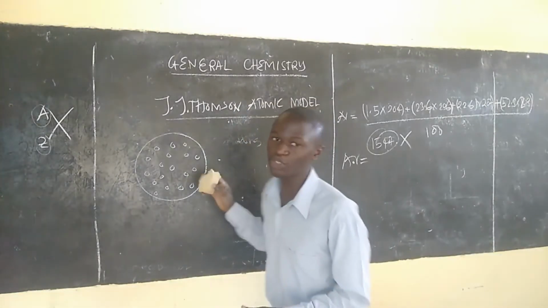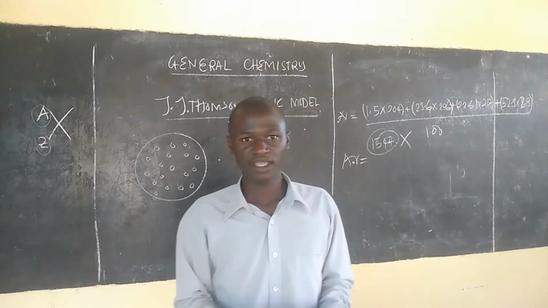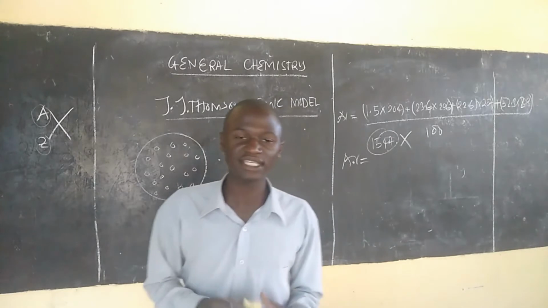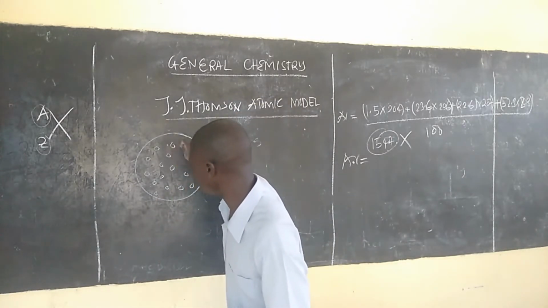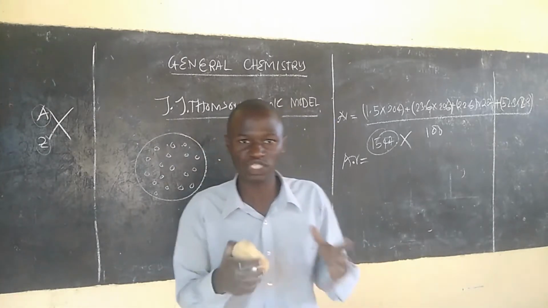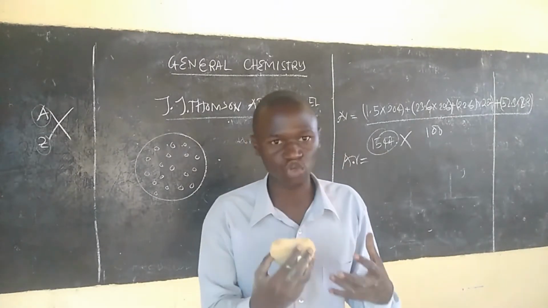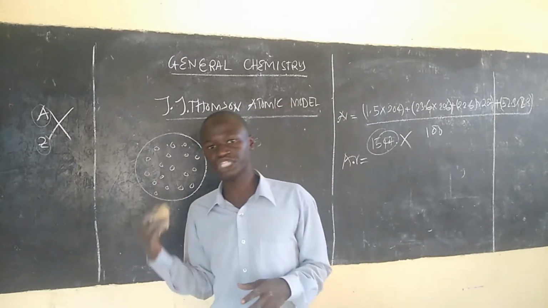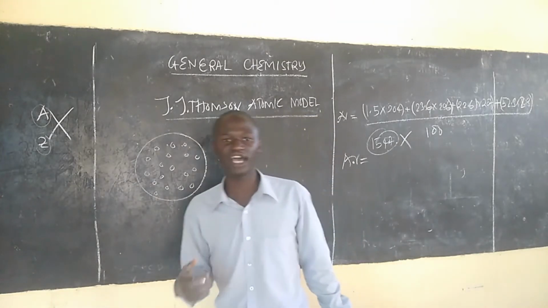But the distribution of seeds in the watermelon is similar to the distribution of electrons in an atom, according to J.J. Thomson.